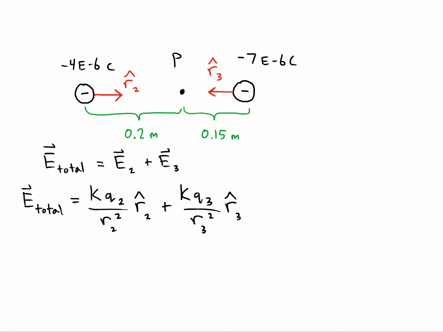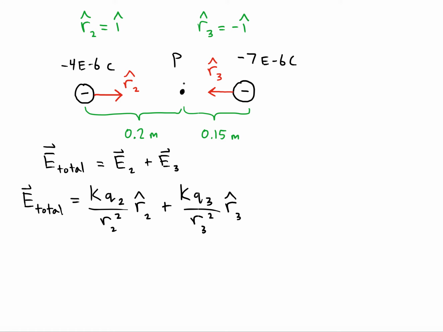Notice an important fact here, that r2 hat is the positive x direction, and r3 hat is the negative x direction.